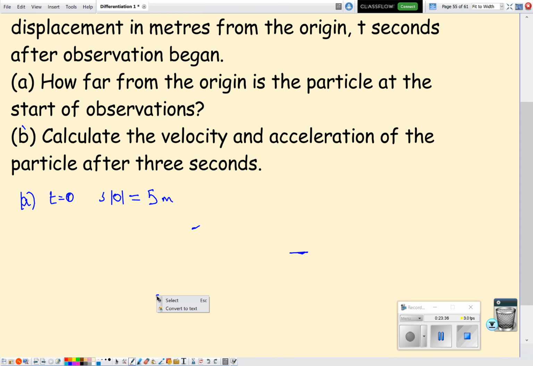Move on to part B. Okay, and calculate velocity and acceleration of the particle after 3 seconds. So t is going to be equal to 3, but we need formulas.